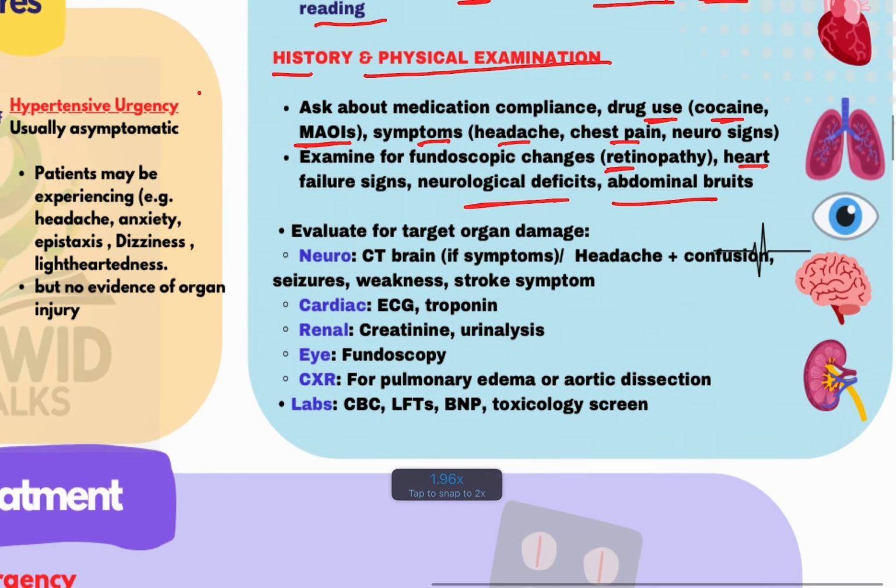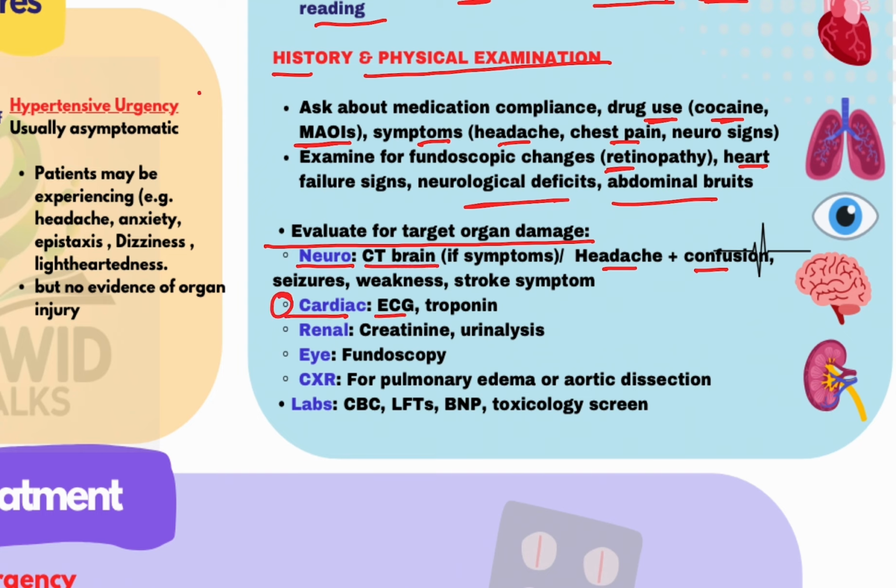More specifically, evaluate each organ based on the presence of symptoms. If we have symptoms suggestive of neural involvement, like headache, confusion, weakness, seizure, or any symptom of stroke, like sensory or motor changes, we have to do a CT brain. If the symptoms point to the heart, we do ECG and troponin.